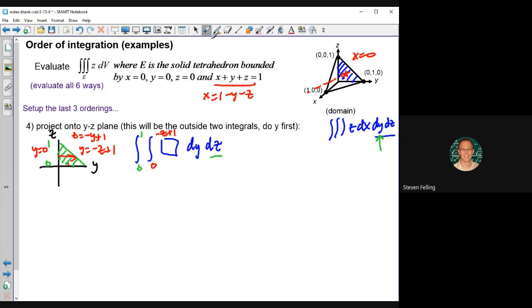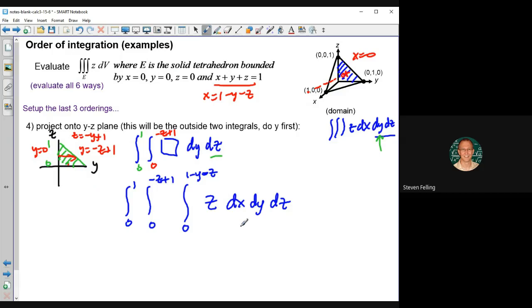The final integral setup is going to have 0 to 1, 0 to negative z plus 1, and then the integral on the inside, x equals 0 to x equals 1 minus y minus z. Then the integrand, and our order is dx, dy, dz in this case. And we could carefully integrate that as well.